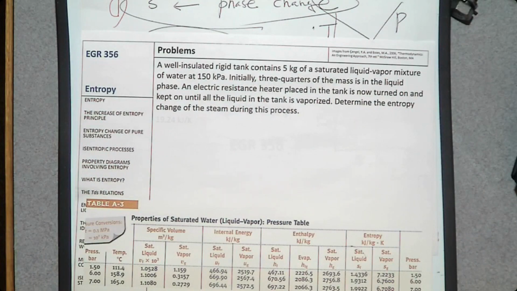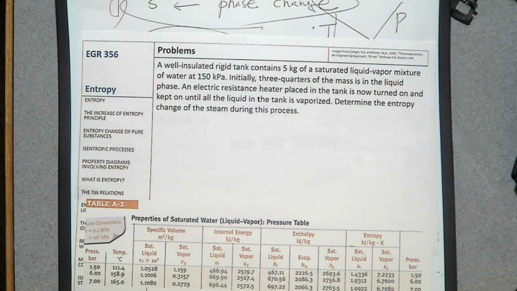An electric resistance heater placed in the tank is turned on until all the liquid in the tank is vaporized. That means initially it was a saturated mixture, and finally it is saturated vapor. Determine the entropy change of the steam during this process.